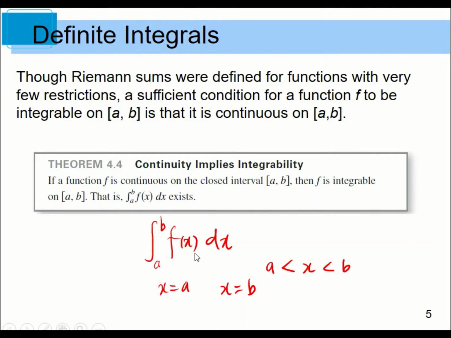Now, for definite integrals, continuity implies integrability. What does that mean?